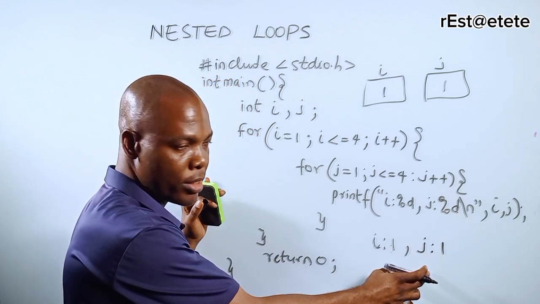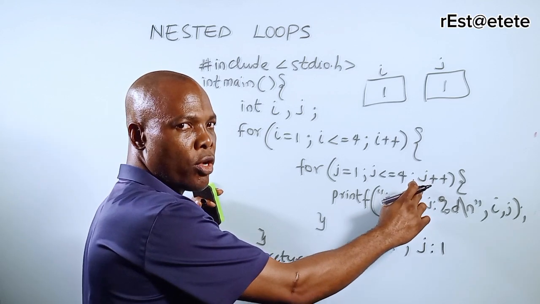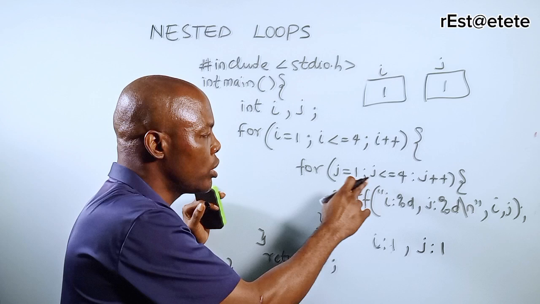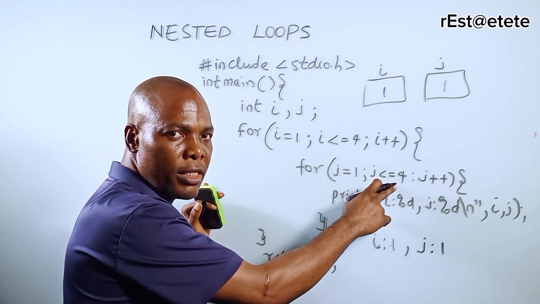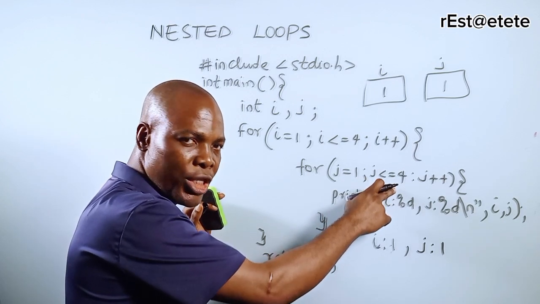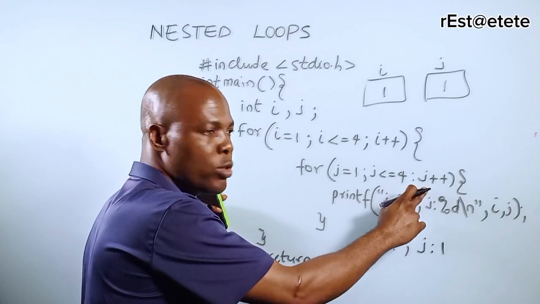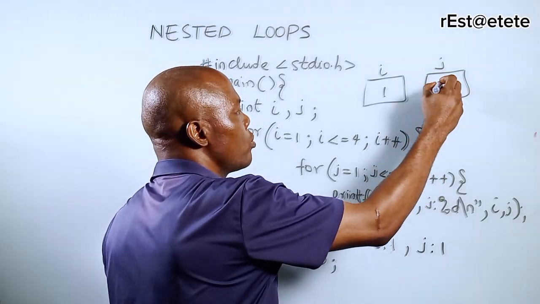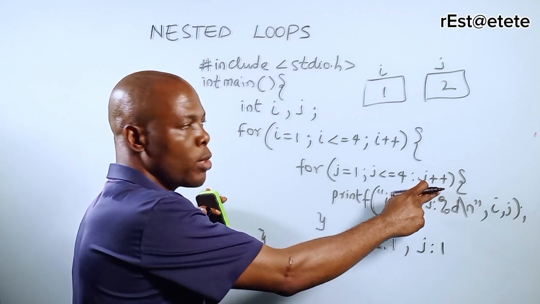That is what it will print out on the screen. Then it will test the condition of J, meaning it will remain inside this place until it finishes the test on J. So it will increment J to what? J will become 2. So this place will become 2. J plus plus will become 2.